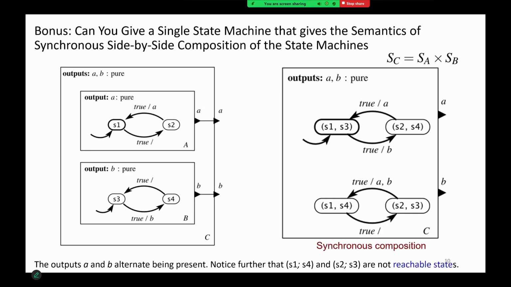So we have two separate state machines, S1, S3. So we consider all combinations from state 1, from component A and component B. So we have 1, 3, 1, 4, and we didn't consider 1, 2, right? Why? Why I didn't consider 1, 2 yet?